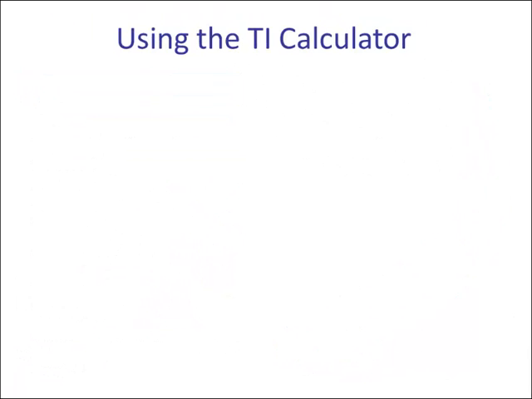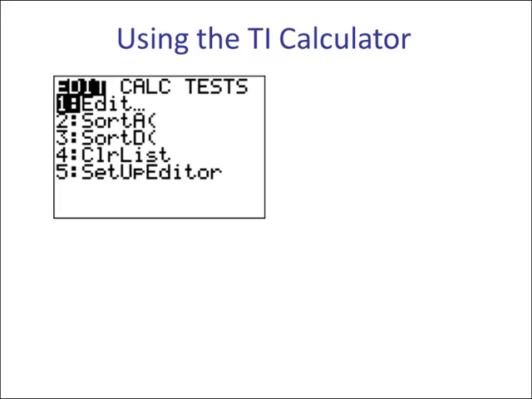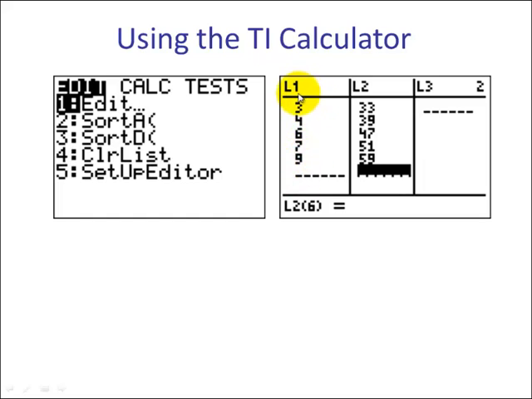Now let's quickly review how to use the TI calculator to graph scatter plots. So using this example, the first thing that we want to do is hit the Stat button. Your screen should look like this. We're in Edit, so you hit Enter. Enter in the data. For this example, T will be in list 1, P will be in list 2.